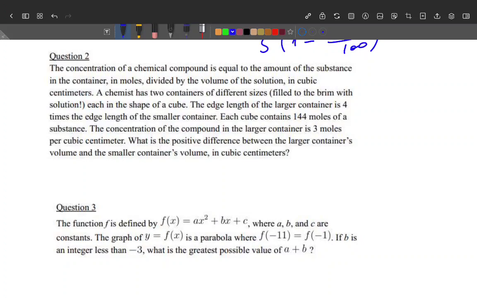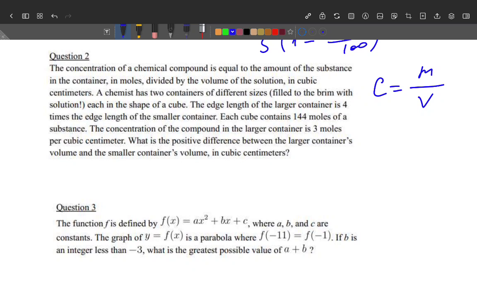Next problem. The concentration of a chemical compound is equal to the amount of the substance in the container in moles divided by the volume of the solution in cubic centimeters. It means for finding concentration, we should take the amount of substance, for example, M, and divide by volume. And the edge length of the larger container is 4 times the edge length of the smaller container.